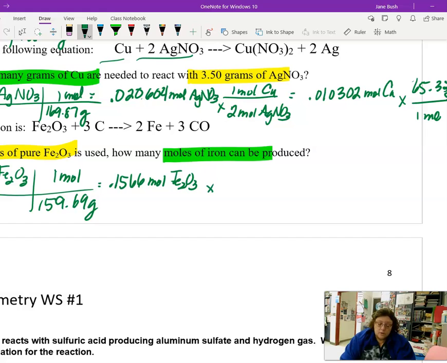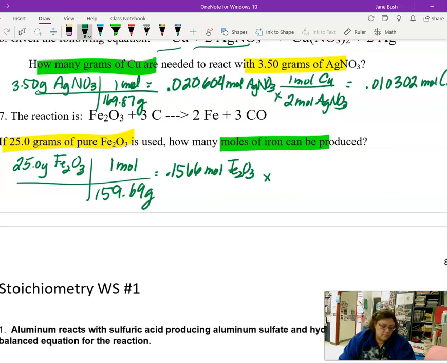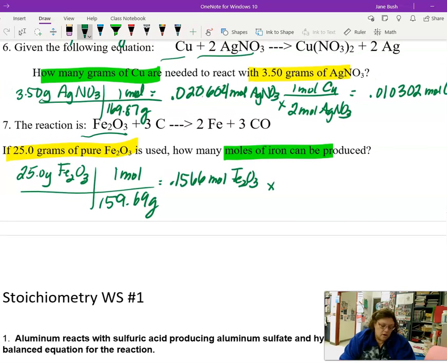So now we're on the bridge. Next we multiply by the ratio. We're going from iron oxide to iron metal. So we have 1 mole of Fe2O3 that reacts for every 2 moles of Fe that is formed. That gives me 0.3131 moles of iron.